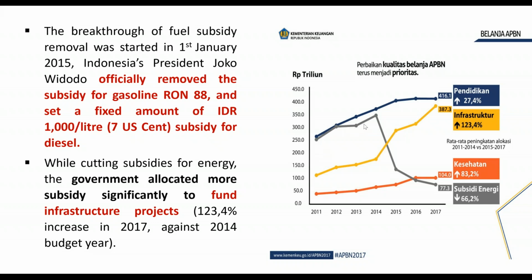Previously we gave a lot of subsidy to our fuels, but since 2014 you see it is going down, up to 66%, and instead we are using our money for infrastructure. On the 1st of January 2015, the president officially removed the subsidy for gasoline RON 88 and set a fixed amount of 1,000 rupiah per liter for diesel.